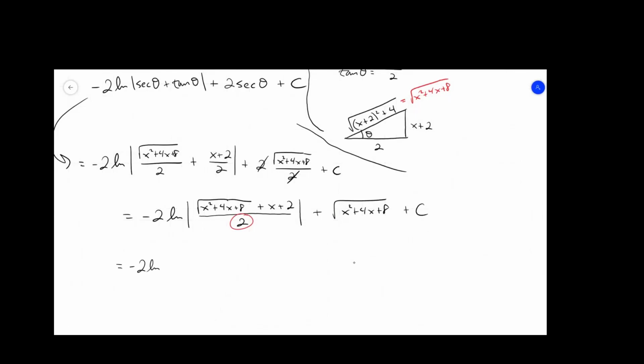Because remember that you have this nice property of logarithms, right? When you have the logarithm of something divided by something else, can you use the properties of logarithms to change that into subtraction? Remember that ln of a over b is the same as ln of a minus ln b.